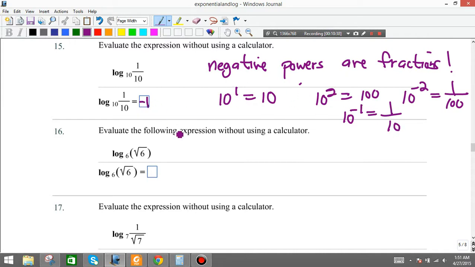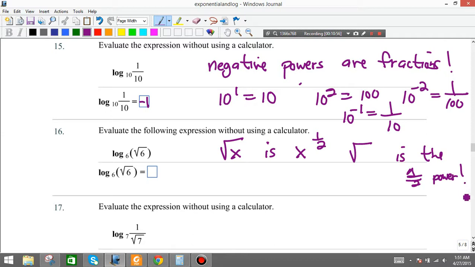The remark here is that the square root of x is x to the 1/2. So in other words, the square root is the 1/2 power. And therefore, 6 to the 1/2 power is the square root of 6.